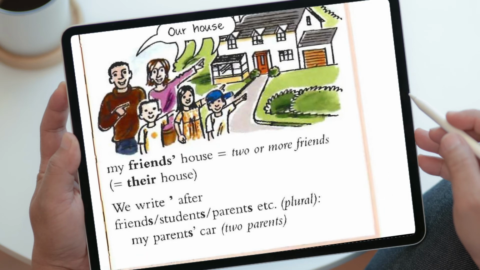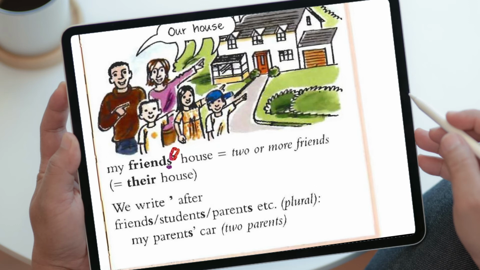My friends' house, you see it ends in friends with the S, and then the apostrophe comes after the S. My friends' house. Two or more friends. It equals then their house. So my friends' house or their house.